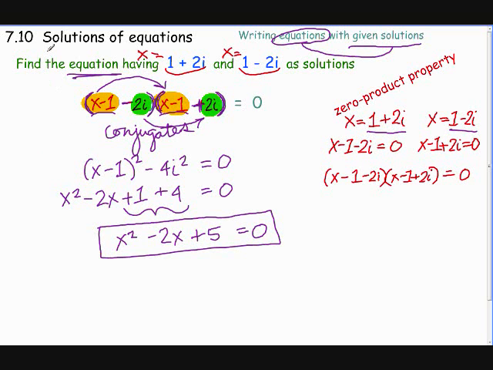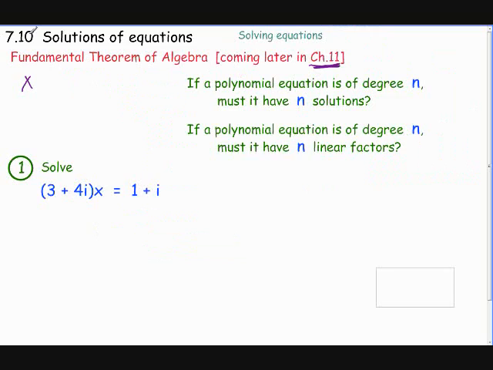This one, x squared minus 2x plus 5 equals 0. We'll use this as our example. What degree is this polynomial equation? You look at the highest power that you have. That's 2. So you're degree 2, and it will have 2 solutions.